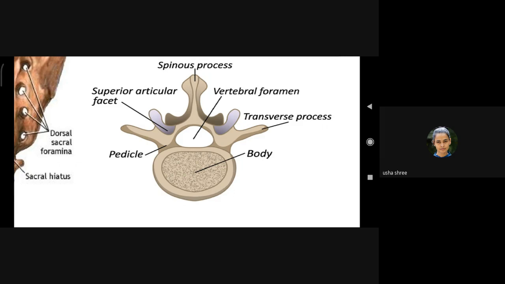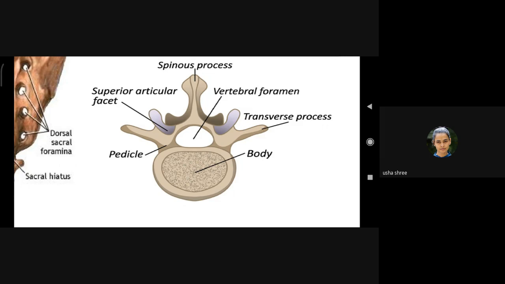This is the back side of our spinal column. If we touch our backbone, we can feel the spinal processes of each vertebra, right? So this spinal process is the back or dorsal side of the spinal column, and this body is the frontal or ventral side of the spinal vertebra.